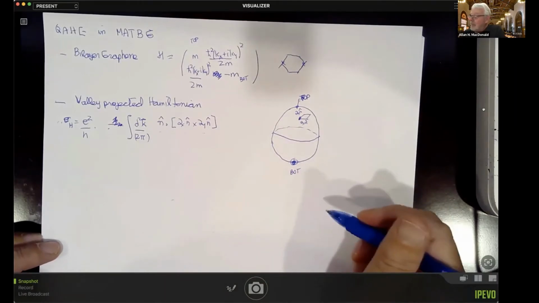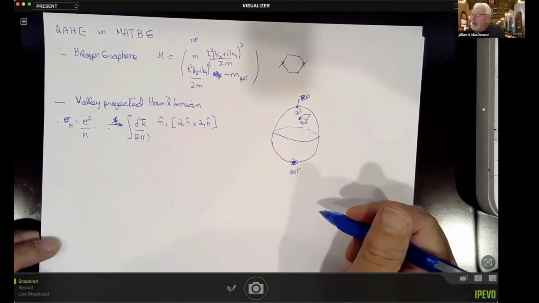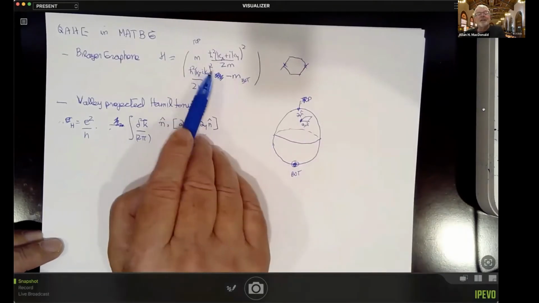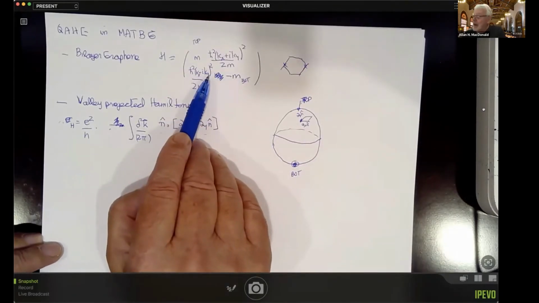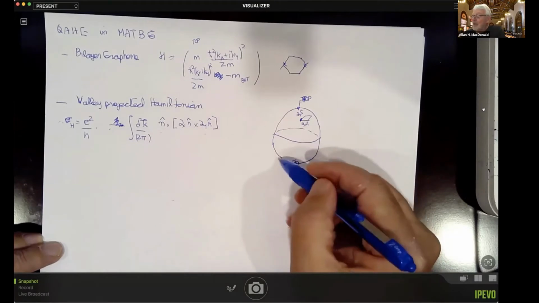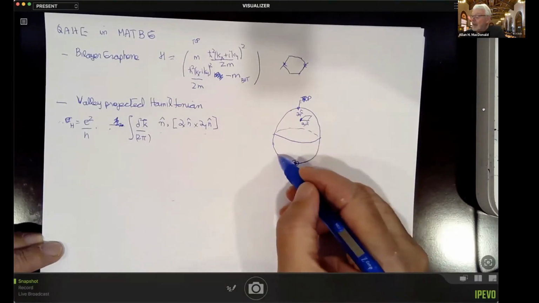And just from this Hamiltonian, it's very easy to read off what happens when you integrate over a large region of k.